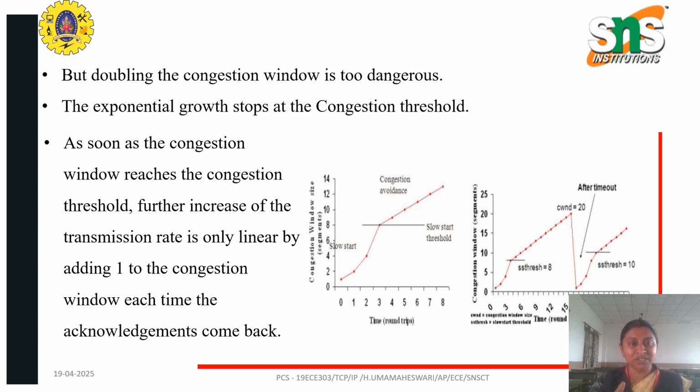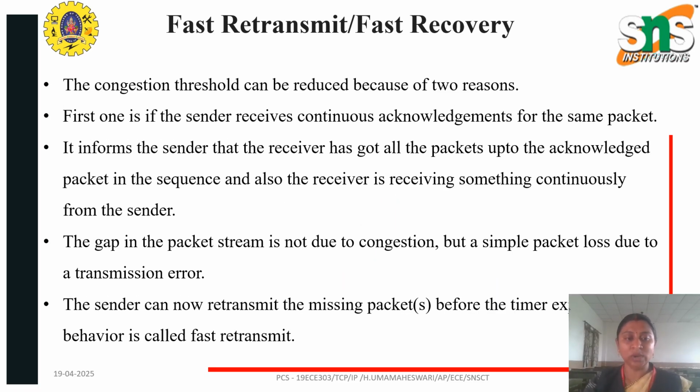But doubling the congestion window becomes too dangerous. The exponential growth up to the threshold is shown in these two graphs. The next one is fast retransmit or fast recovery. Here the congestion threshold can be reduced for two reasons.